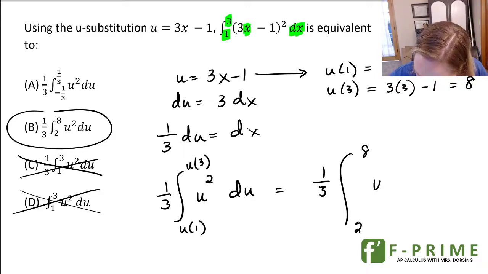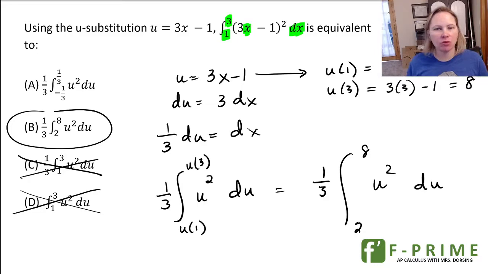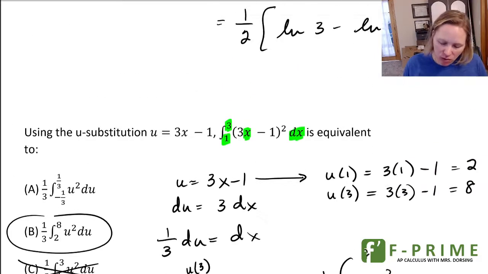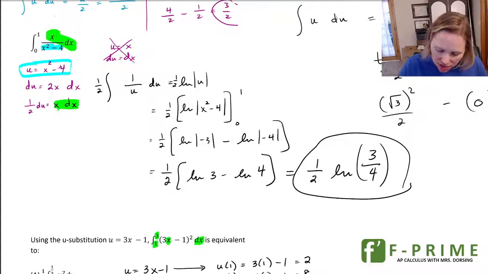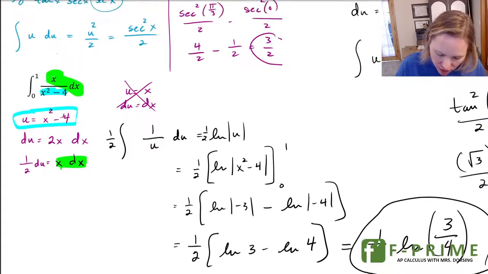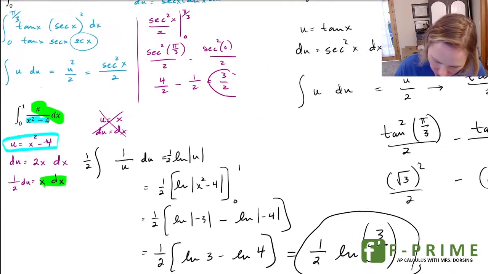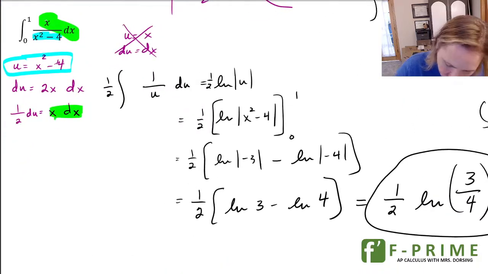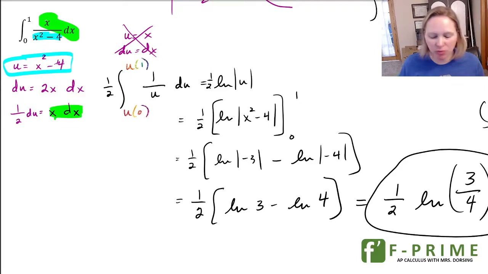And as a matter of fact, if we go back and look at any of the problems that we had where we did not plug in the limits up here, if we had replaced any of them, and let's see if I can zoom out enough, here we use this one, we would have replaced them with u of 0 and u of 1, and then it would have been proper.